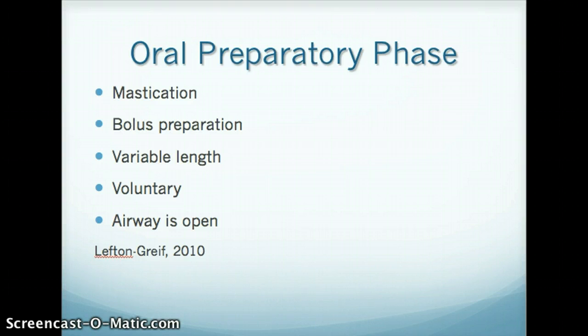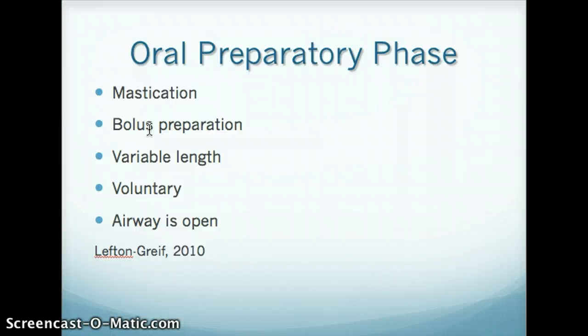The food must be ground up using muscles of mastication and your lingual muscles. As you're preparing this food, this is called bolus preparation. A bolus is a small clump of food that you've prepared, so it's just chewed up food.